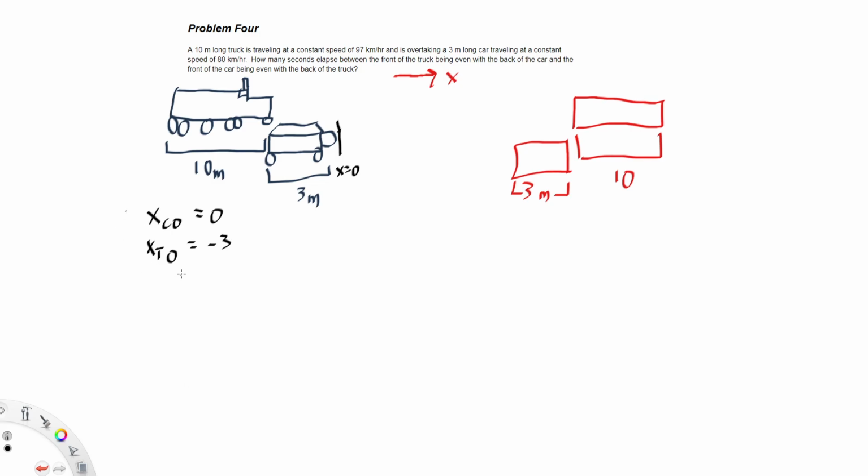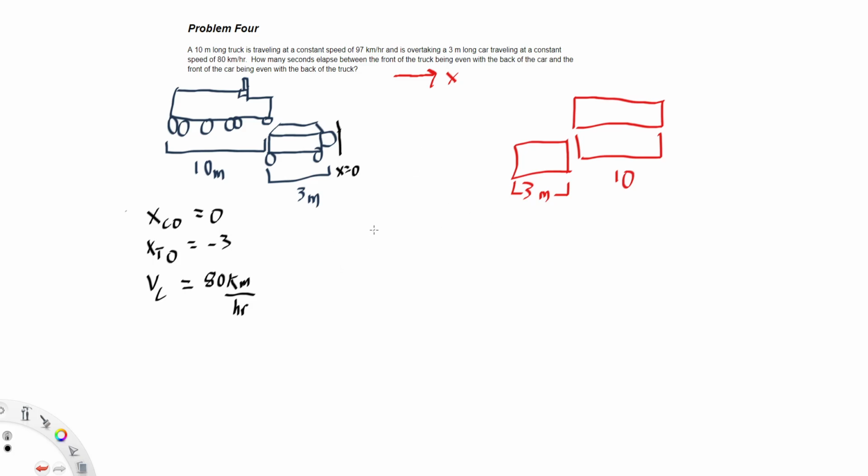Okay. The velocity of the car is 80 kilometers per hour, but we're going to convert that because we're being asked about something in seconds. And we're given distances here in meters.